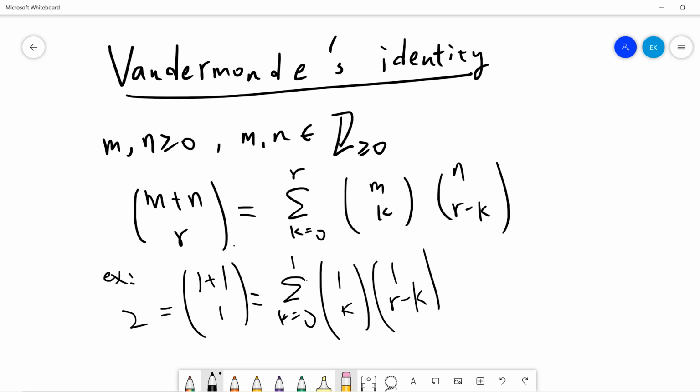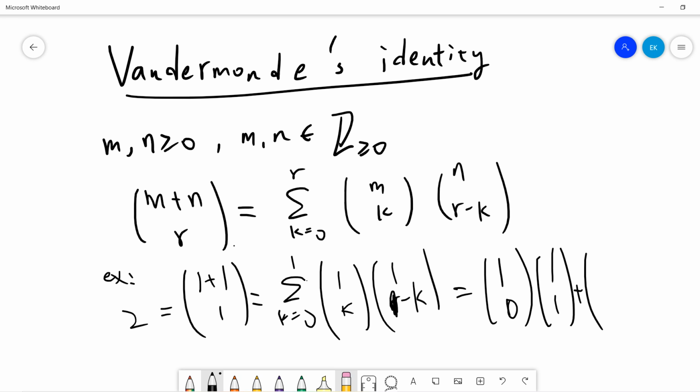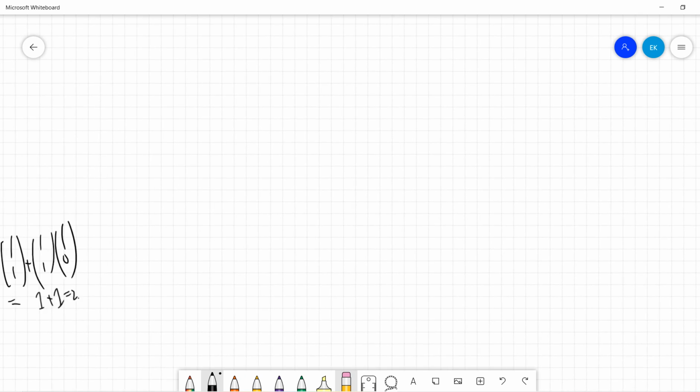The left side, 2 choose 1, is 2. The right side is 1 choose 0 times 1 choose 1, plus 1 choose 1 times 1 choose 0, so 1 plus 1 is 2. Okay, so this is the identity. Let's give the proof.